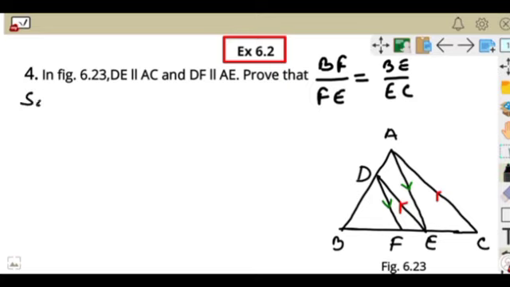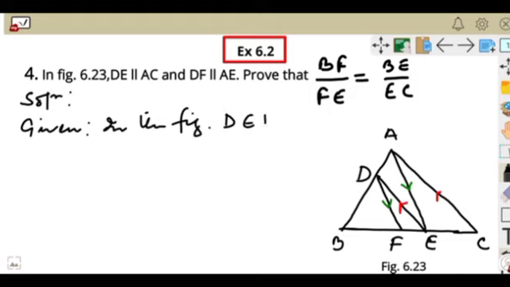Solution. First I'll write the given. In the figure, DE is parallel to AC and DF is parallel to AE.